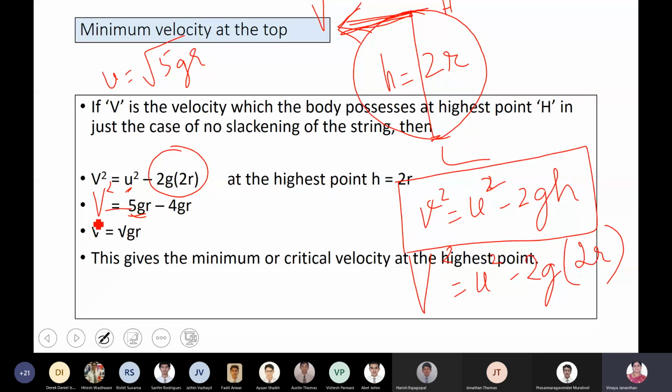So this should be the minimum or critical velocity at the highest point: V squared equals gr.